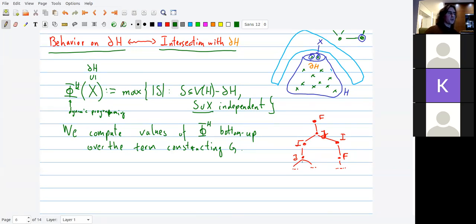So is the definition of phi clear? Because that's always the most important part when writing a dynamic programming algorithm, deciding exactly what we will compute. Are there any questions? Maybe a plus ones wave would be handy.